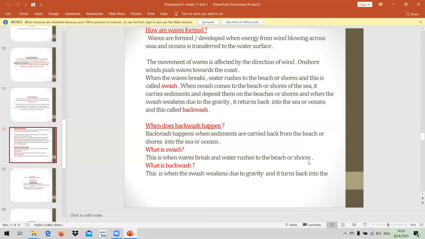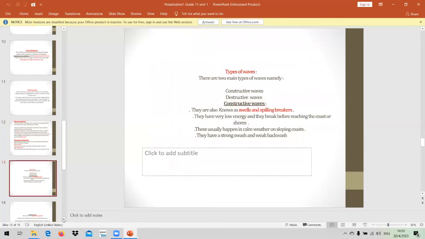It will continue, and it goes at a very high speed to the beach. What is backwash? Backwash is when swash weakens due to gravity and it turns back into the oceans or sea.